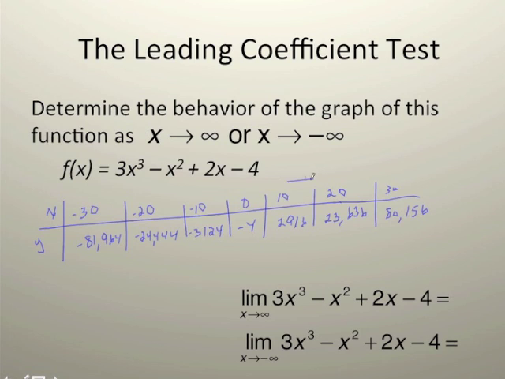So as x is going to infinity, it appears that y also goes to infinity. So the limit as x goes to infinity is infinity, and as x is going to negative infinity, it appears that y is also going to negative infinity.